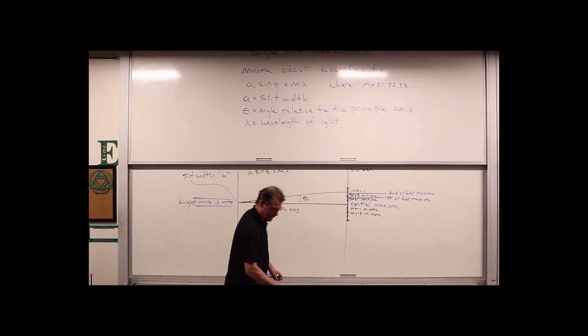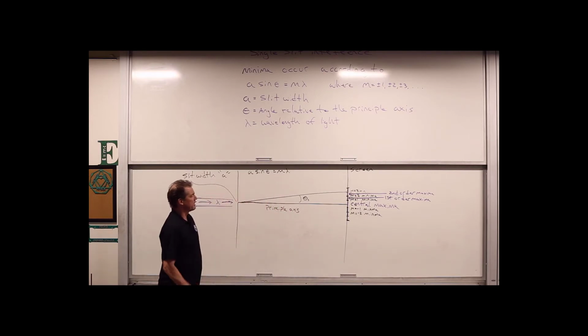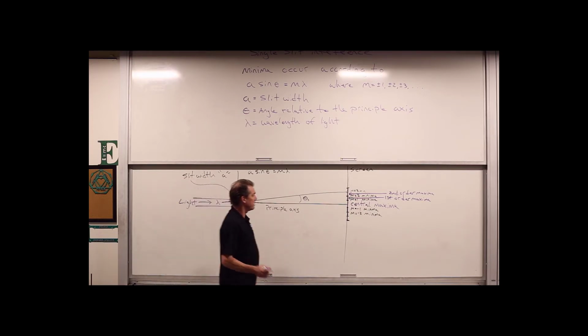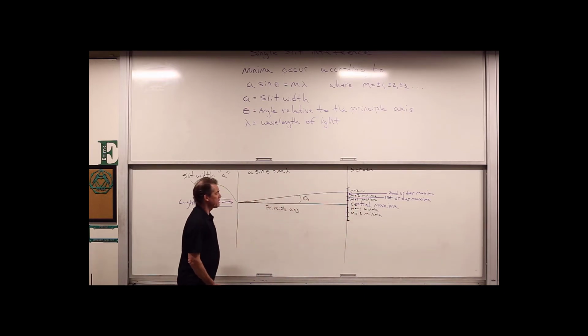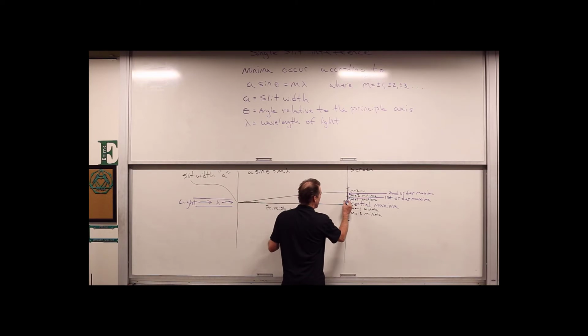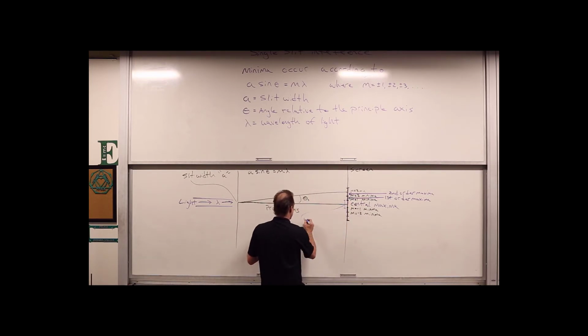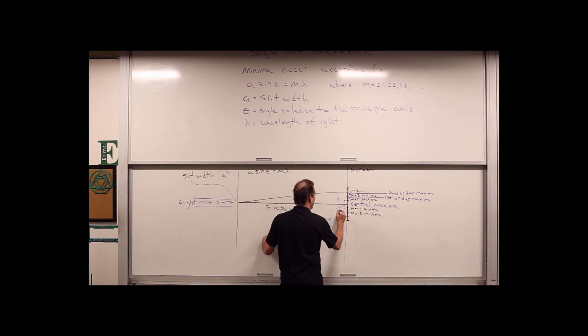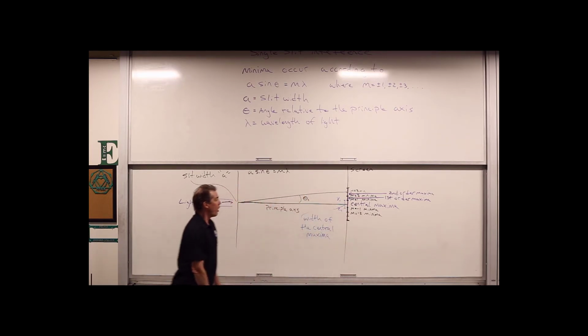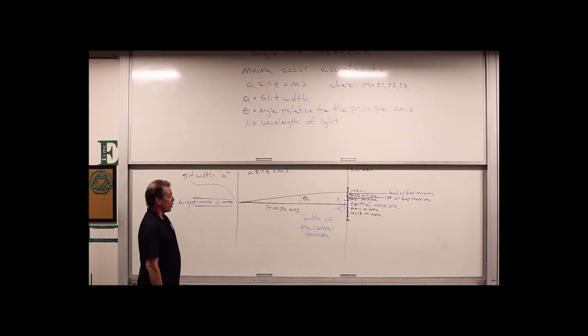We can start talking also about locations that the minima occur, or the spatial extent of maxima, because now we can start to say, well, what is this width of the central maxima, right? Well, the width of the central maxima would be this distance right there. How do we start to figure that out? Well, we've got a y1 and a y-1 regarding the locations at which the minima occur on the screen.